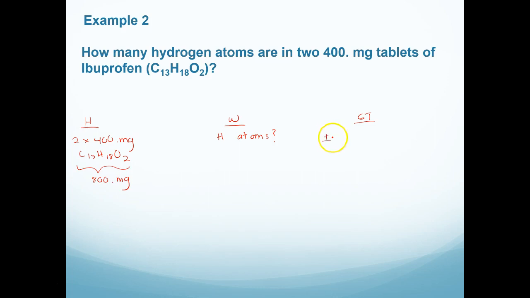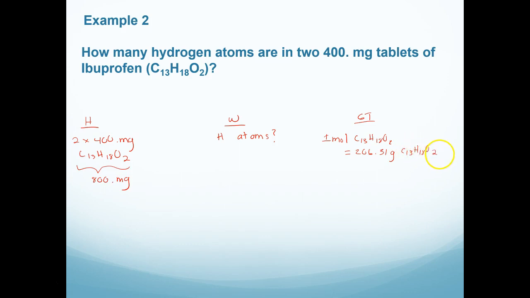For 1 mole of the ibuprofen, so C13H18O2, the mass of that, I'm going to write it here just because of room, we get 206.31 grams of C13H18O2.